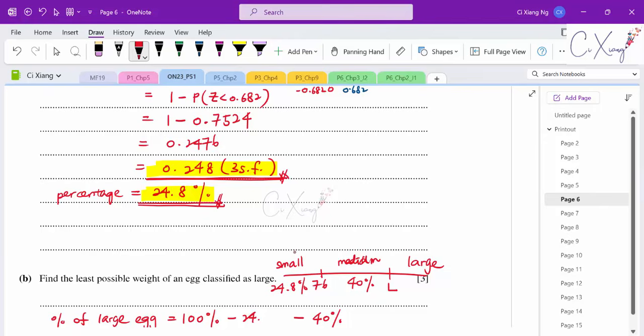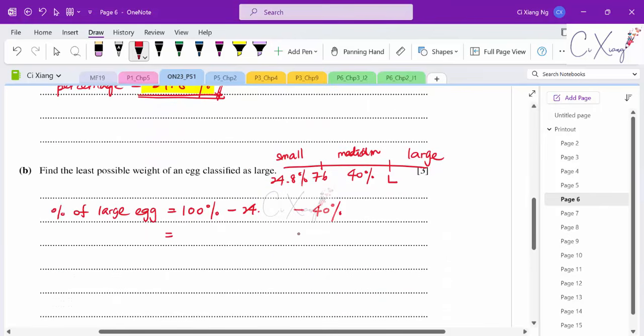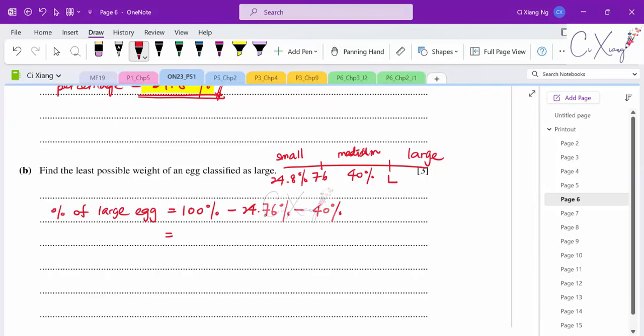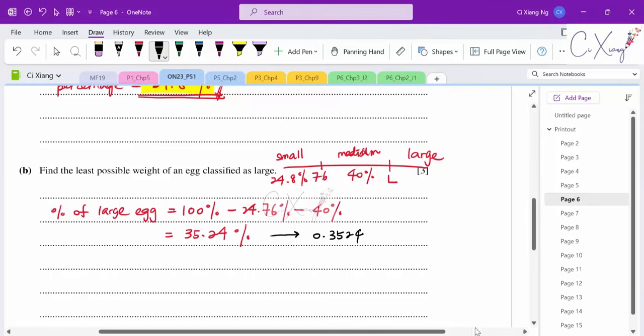I think I want to use the most accurate answer, so instead of using 24.8 here, I will use 24.76. If I minus all this, then basically I'm having 35.24%. So the 35.24%, if I change it to probability, it should be 0.3524, divided by 100.